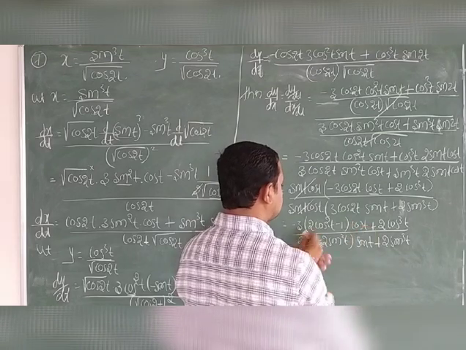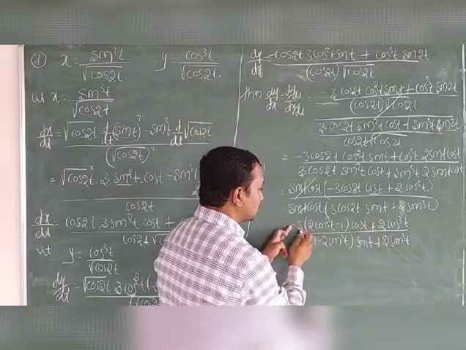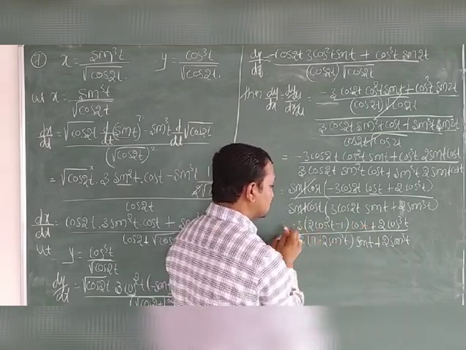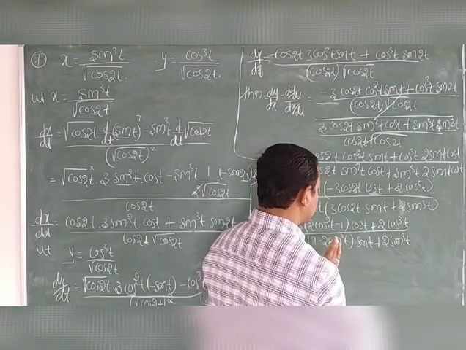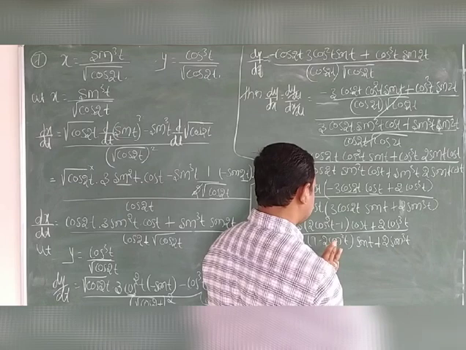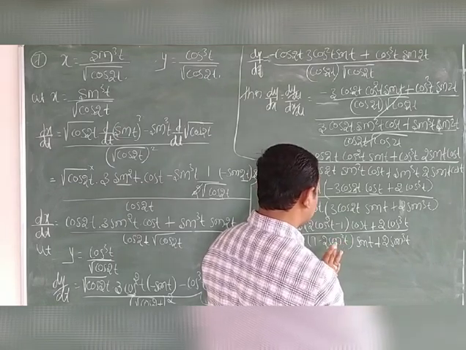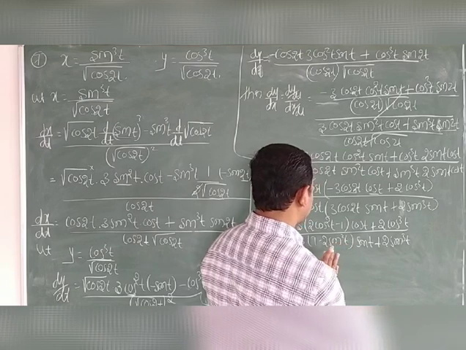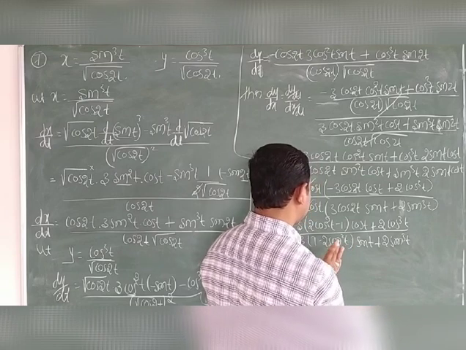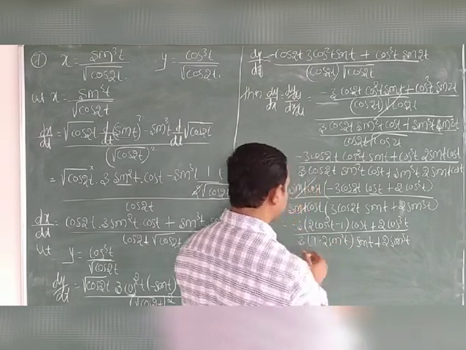Then here, multiplying this term, it will become minus 3 into 2, which is minus 6.